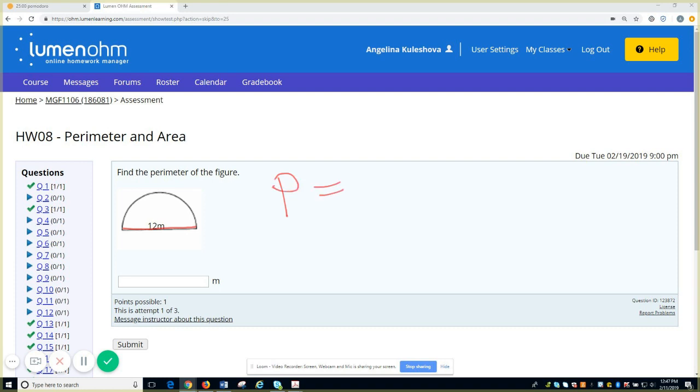The perimeter would be 12 plus, but then how would we figure out this part of it, the length of this? Well, for that, we have to think of this as a full circle. So pretend that this is a full circle. And we know that the perimeter of a circle is known as the circumference.